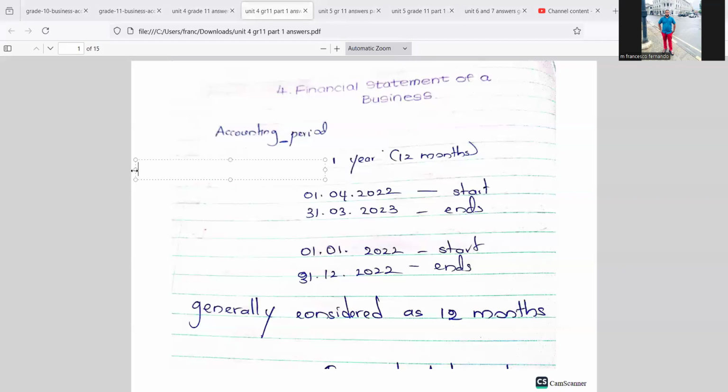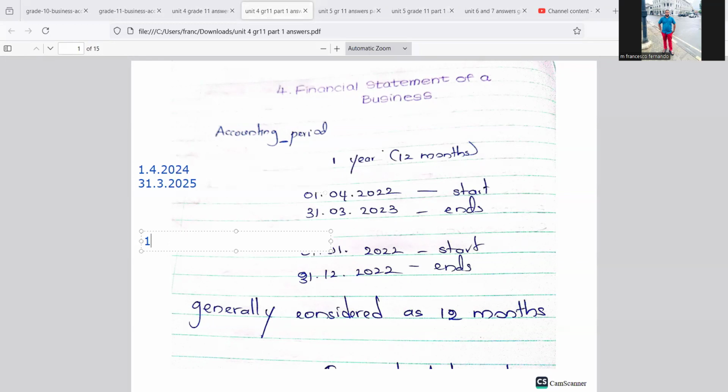If you take this year, if the period starts on 1st April 2024, then the accounting period should end on 31st March 2025.